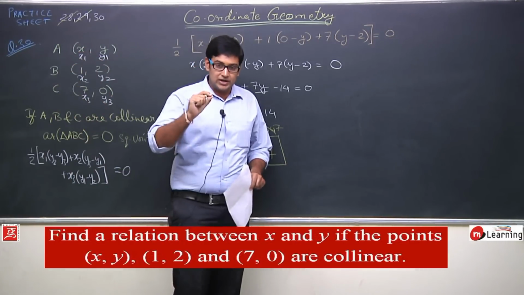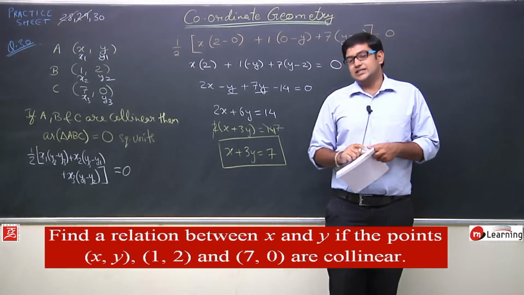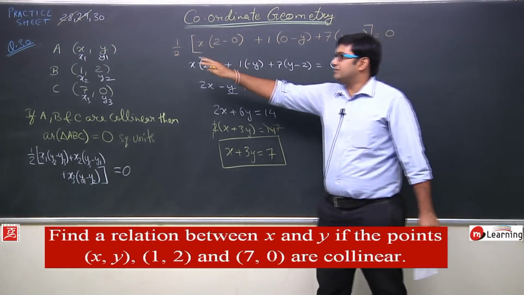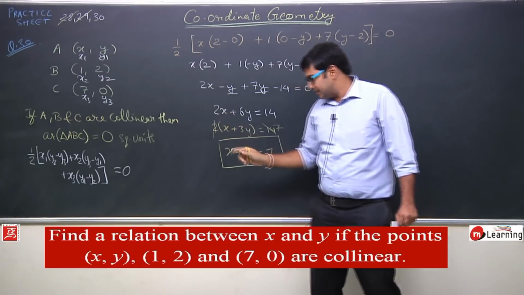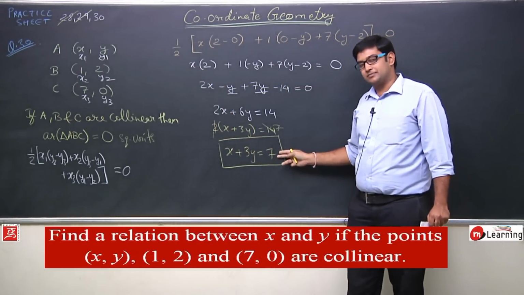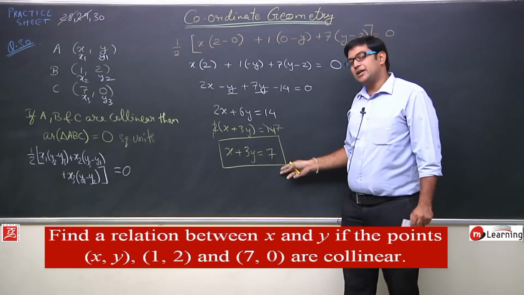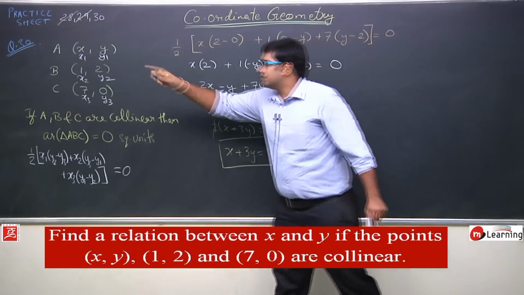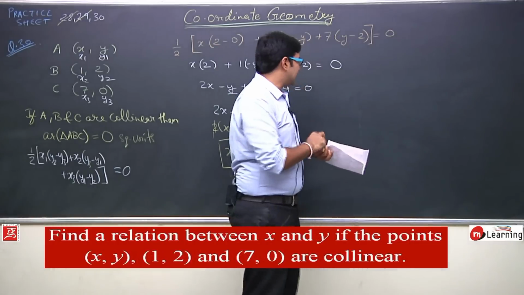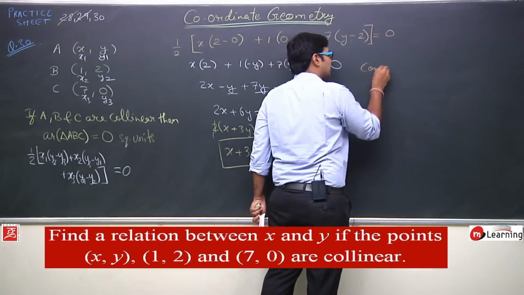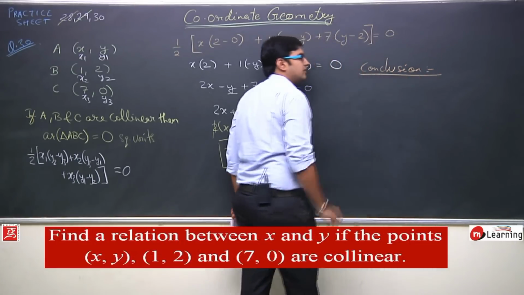Okay, so now try to understand the conclusion of this question. The conclusion says that the values of x and y which satisfy this particular condition will make these 3 points collinear. So let me write the conclusion. You have solved the question, it's very good, but the conclusion is also very important.